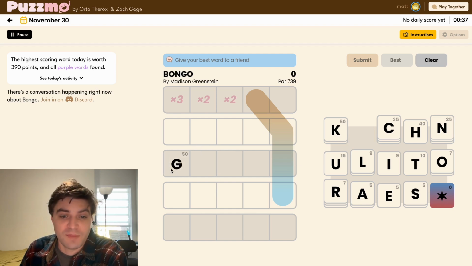So if I put, for example, a G here and I spell some word, I'm going to get 50 points out of this G. But if I could do something smart and move it over to one of these bonus tiles, I might get 3 times its score, 2 times its score. And I believe you also get 2 times the score of the G if you place it along this line, provided you also spell a word going down.